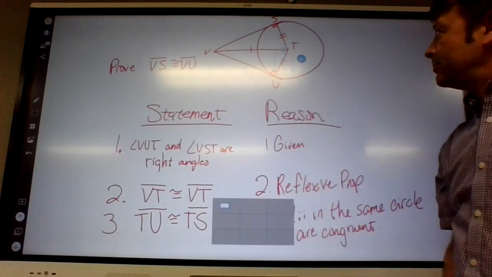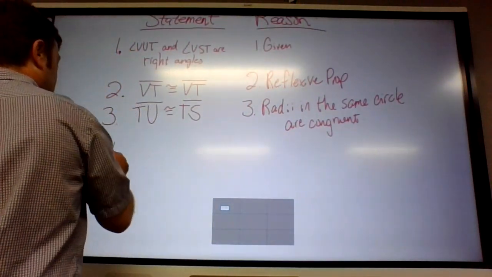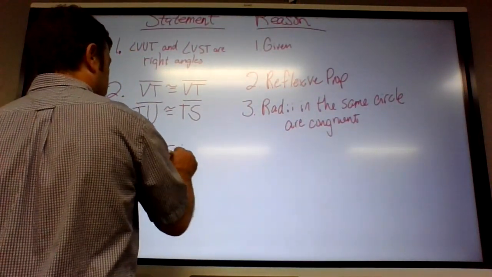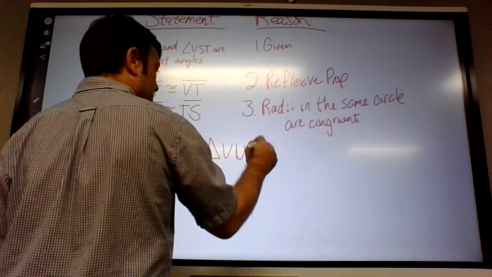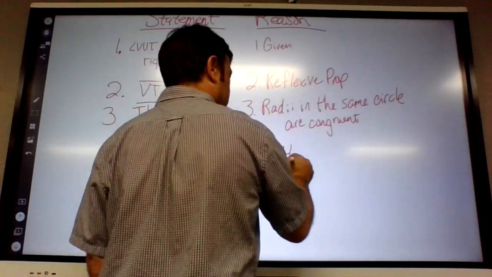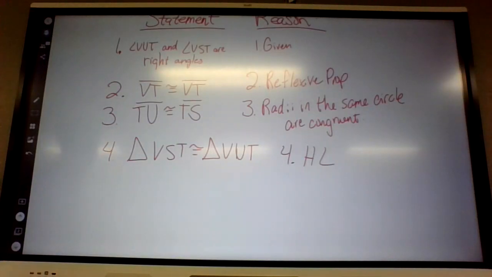So triangle, let's say VST and BUT are congruent. And the reason is hypotenuse leg.